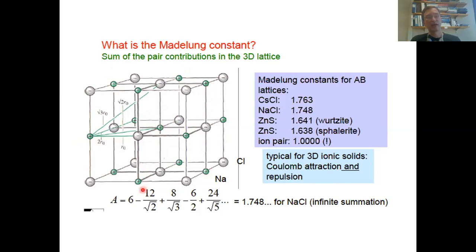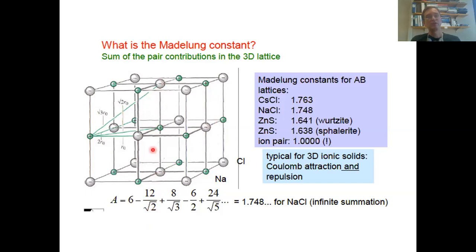Okay, so we have 12, but now these 12 cations are further away from our central ion in comparison to the chlorides, okay? And they are by a factor of the square root of 2 farther away, okay?